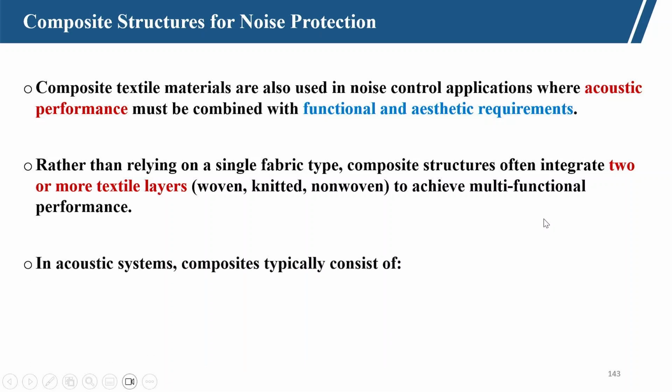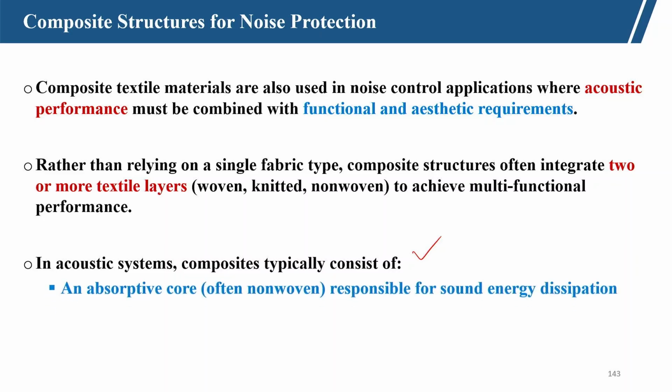In acoustic systems, composites typically consist of one layer that is non-woven. So, one absorptive core will be there, which is basically non-woven, responsible for sound dissipation or sound absorption.